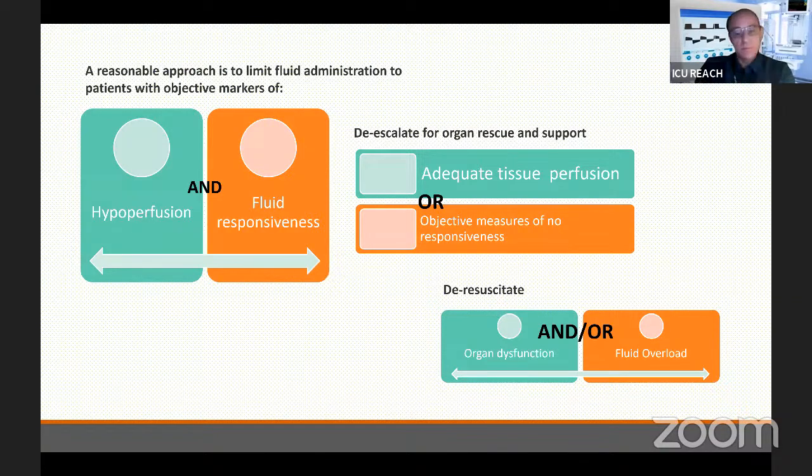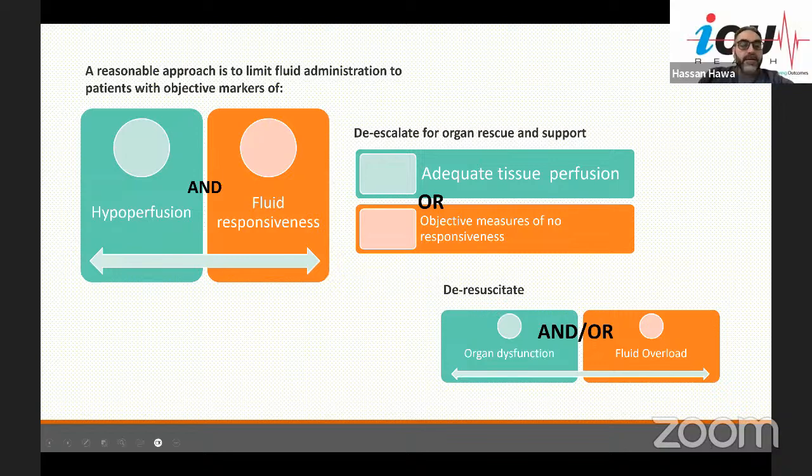Yeah, I must say, thank you, Mazen. One more thing, really we have to pay attention to the hypoperfusion markers. And if your patient is not showing markers of hypoperfusion, then even if they were fluid responsive, you need to just slow down on fluids, because if the tissues are getting the perfusion they need with the current level of volume in the circulation, then do you really need to push the volume a bit more to make it better?